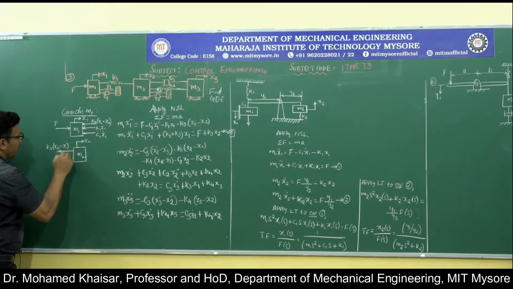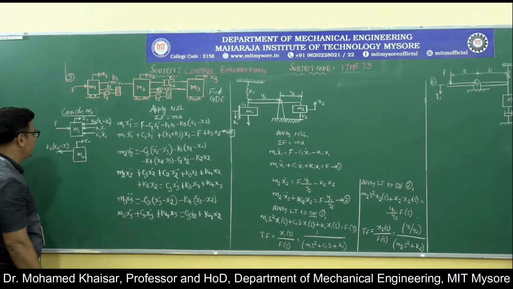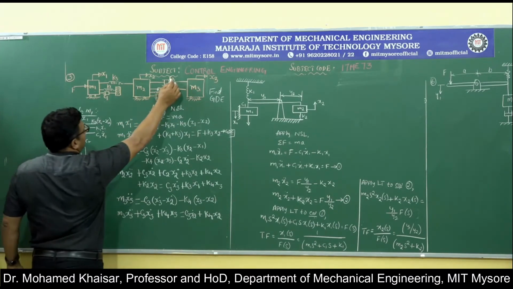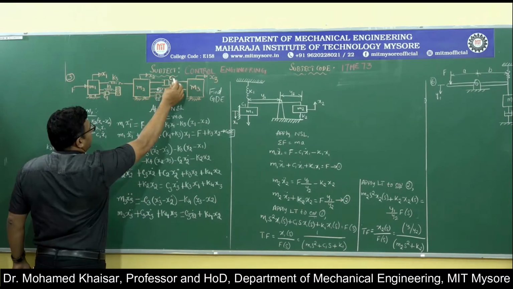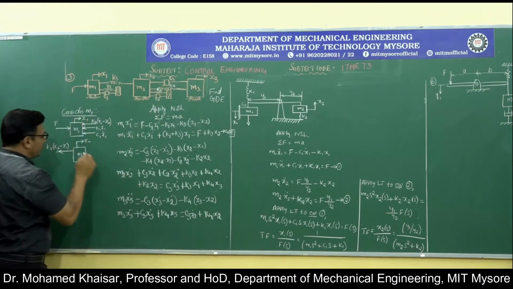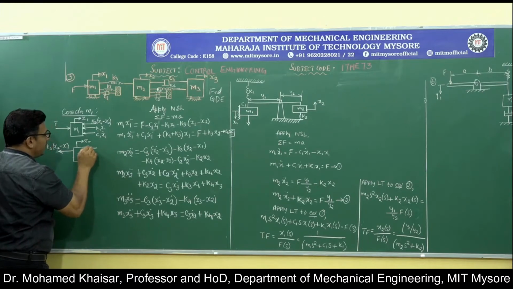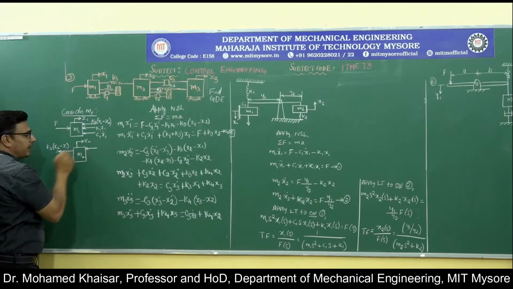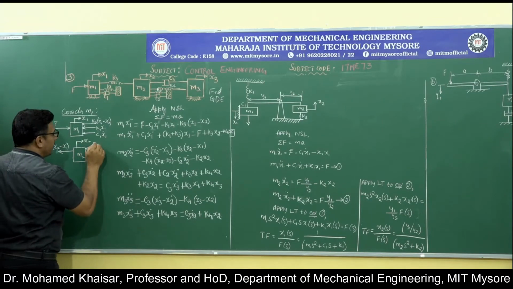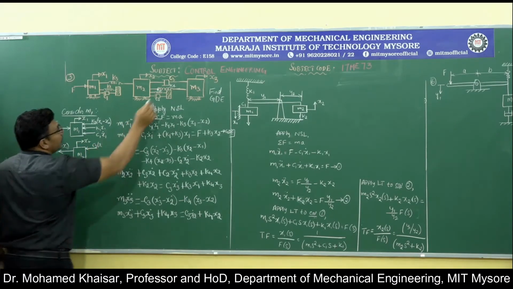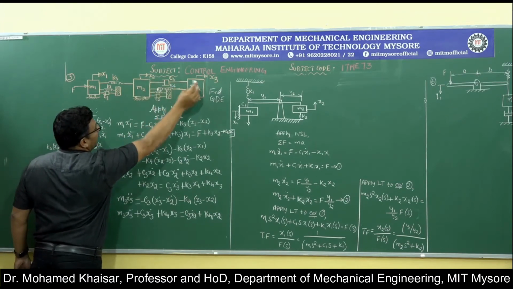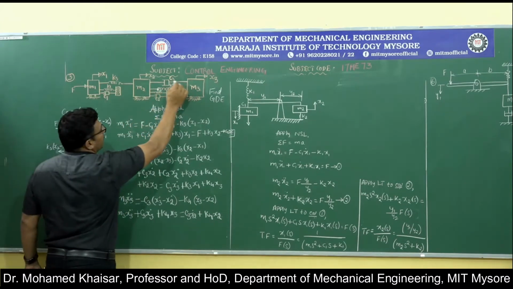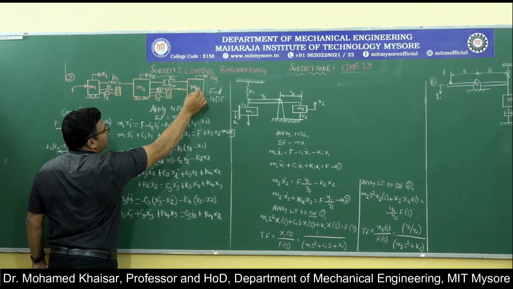Similarly, the damping force offered by this damper will resist the displacement, so it will act in the opposite direction. Again, it will be C3 into (x2 dot minus x3 dot). Why? Because this C3 is connected to m3 also.